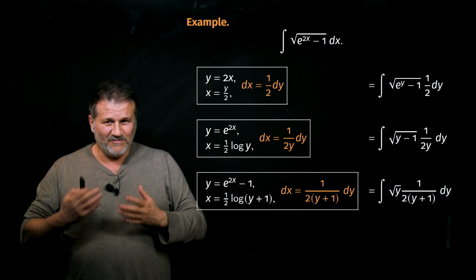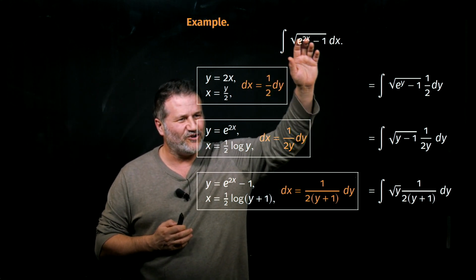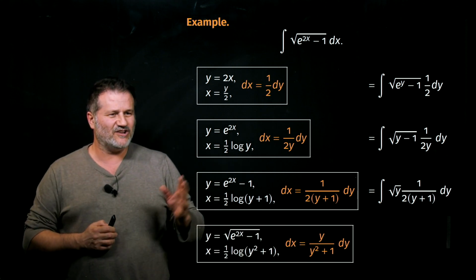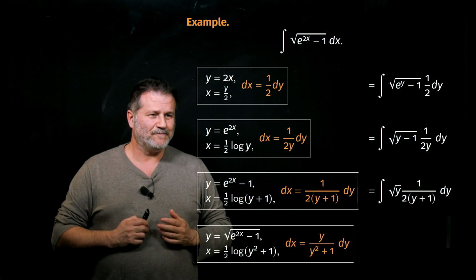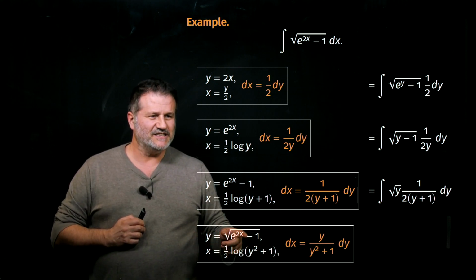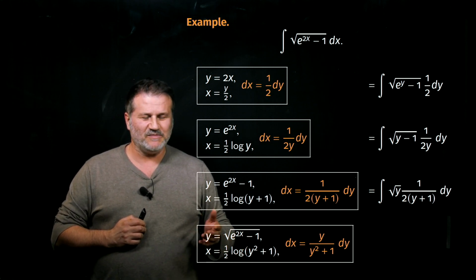An extremely more aggressive change of variable is the following. Why don't we take as new variable y the entire expression here? So why don't we put y equal root of e to 2x minus 1? In this case, we can invert this relation: y squared equals e to 2x minus 1. So e to 2x is equal to y squared plus 1.